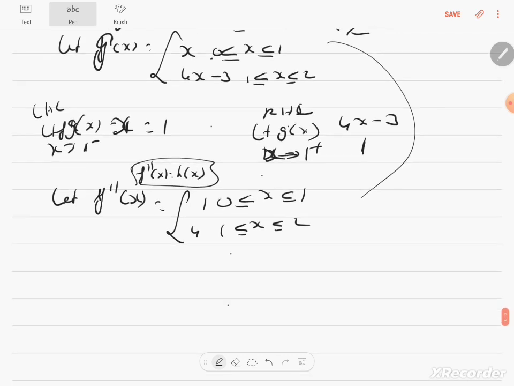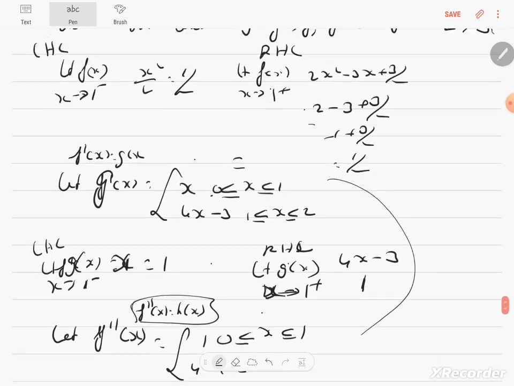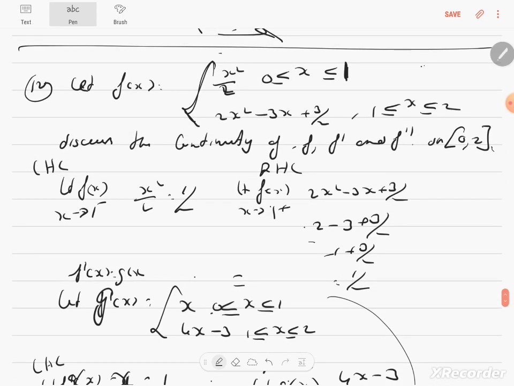So you found f double dash of x, and you're going to call it h of x. Limit of h of x as x tends to 1 from the left: the answer is 1. Limit of h of x as x tends to 1 from the right: the answer is 4. Left hand limit is not equal to right hand limit, so the limit does not exist for f double dash of x. So that's the answer.